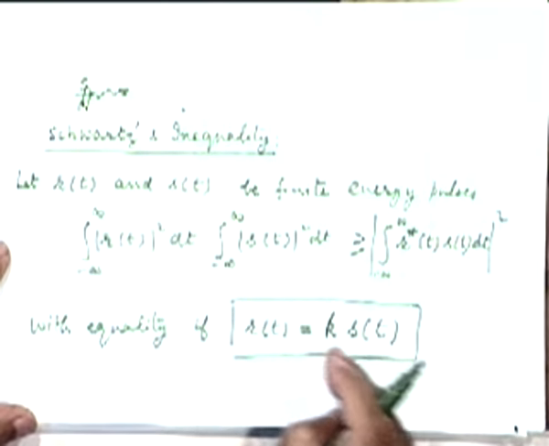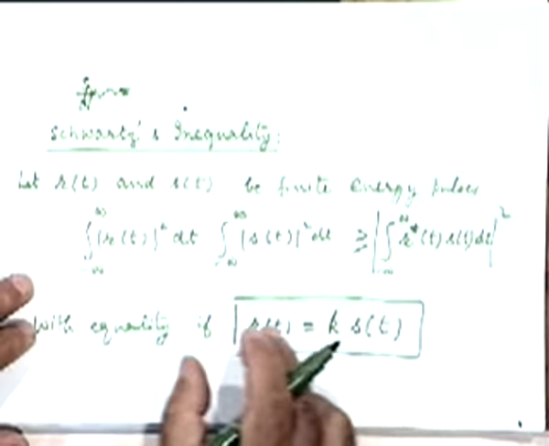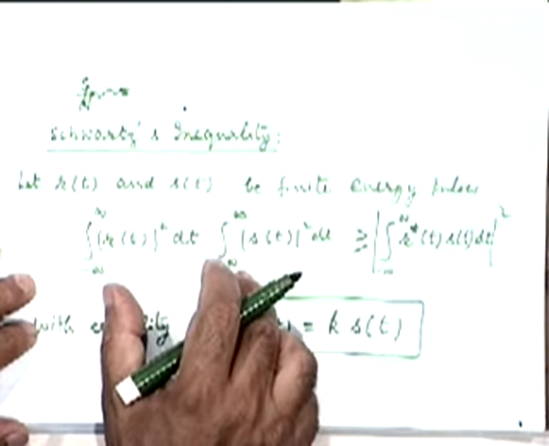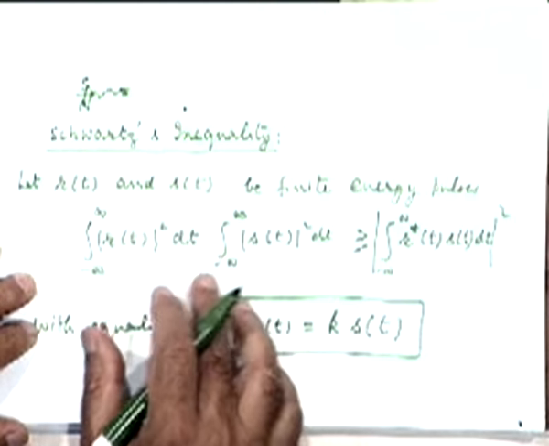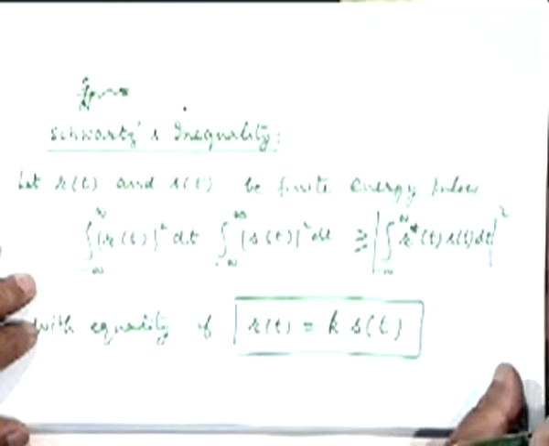So the two sides will become equal if that is clear. In other words, suppose I take the ratio of this upon this. I take this to the right hand side. Okay, I'll come to that a little later. So that was a statement of Schwarz inequality, and we'll like to now use this to do the maximization that we want to do.